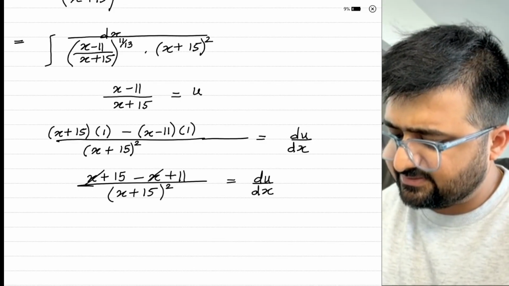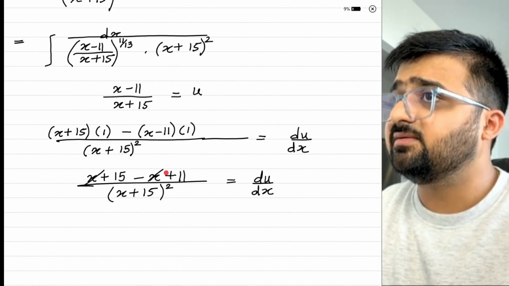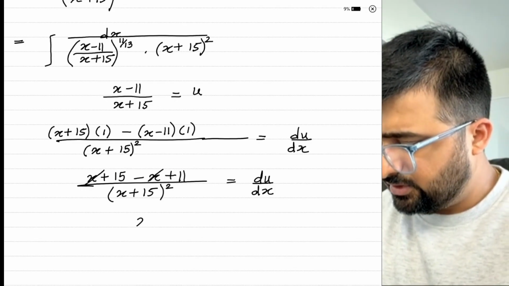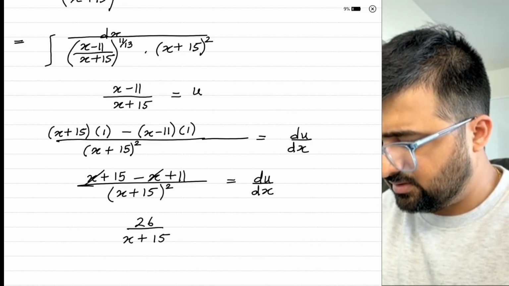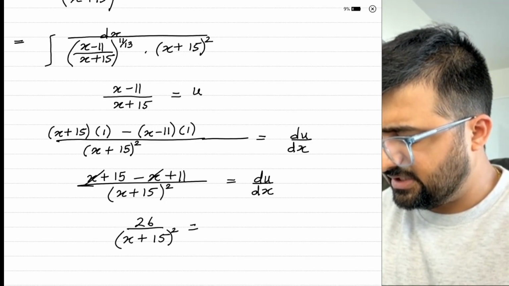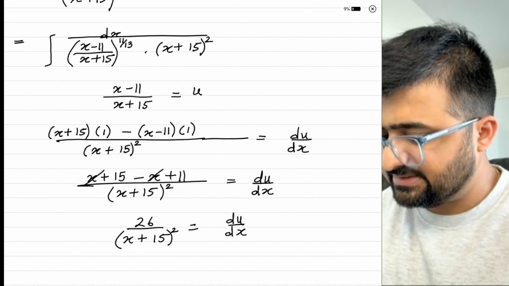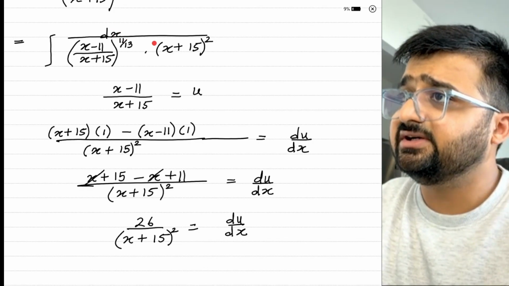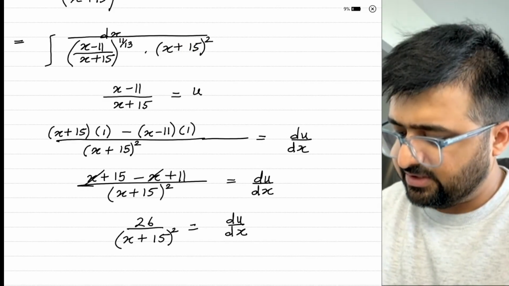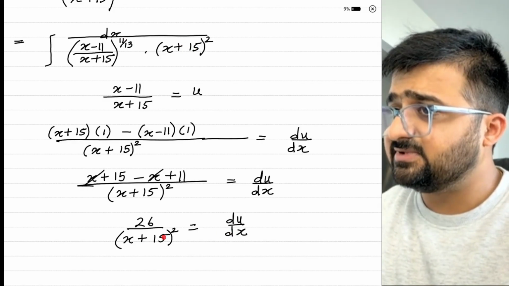This x and this x will get cancelled, and 15 plus 11 is just going to give you 26 divided by x plus 15 the whole square is equal to du by dx. If you notice carefully over here in this integral, you have dx over x plus 15 the whole square. We also have dx here and x plus 15 the whole square.